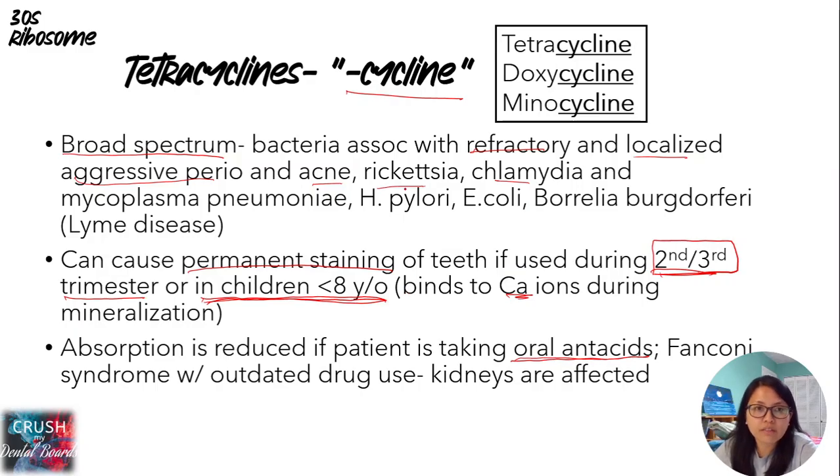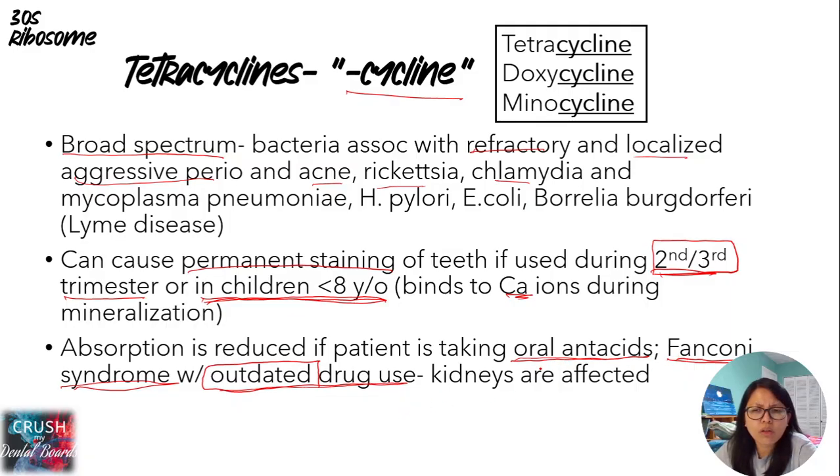Now, another thing that is common with tetracyclines is Fanconi syndrome. Fanconi syndrome can happen with outdated drug use. If the drug is outdated and the drug is still used, then the person can develop Fanconi syndrome.